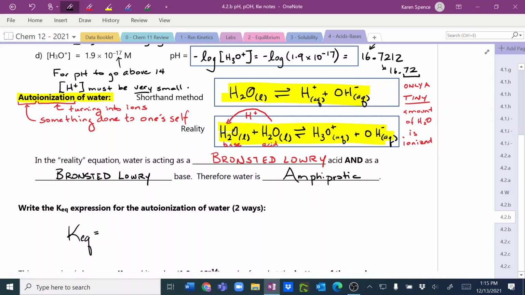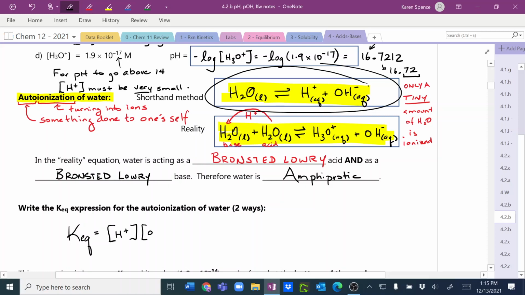What are the products? Let's do the top one first. What are the products there? H plus and OH minus. Okay, so we have H plus times OH minus.